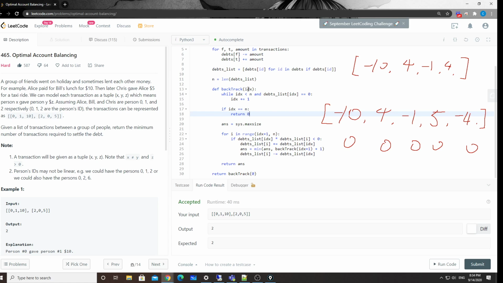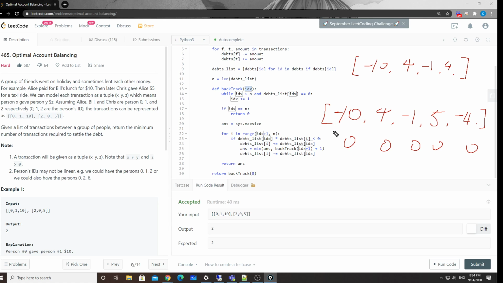The most important idea here is that every time we try to settle the current number, basically, if this one is active, we're trying to settle this one with all the positive numbers here. And the way we're doing the settlement is we always try to make the current one balanced.